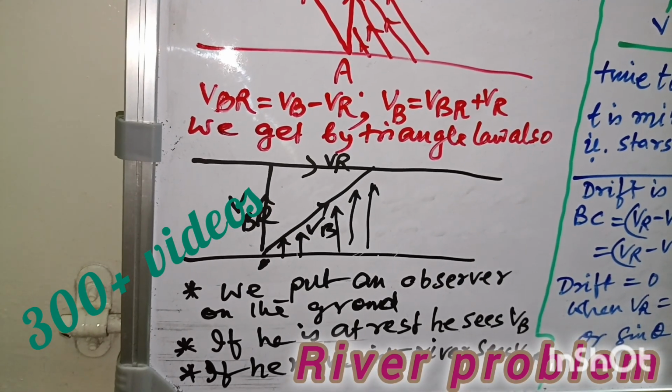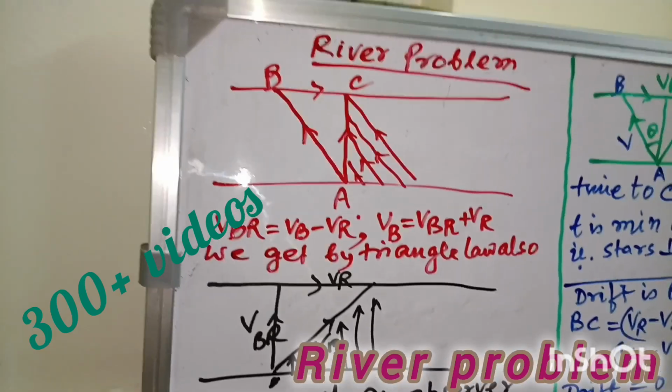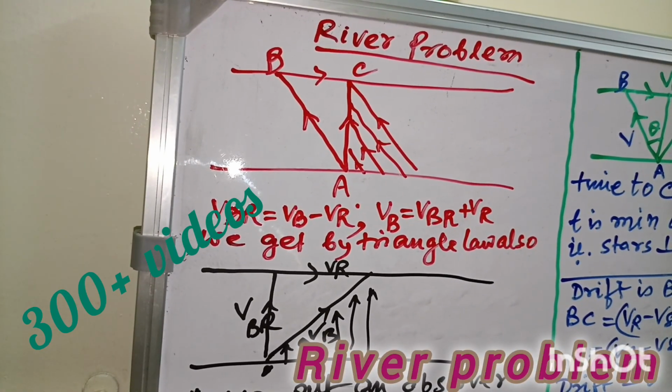And we see in his eyes, suppose he is stationed at A in the upper diagram. In that case, if he is at rest, means he is in ground frame, the observer is in ground frame, then whatever he will see actually, that will be the velocity from ground frame.